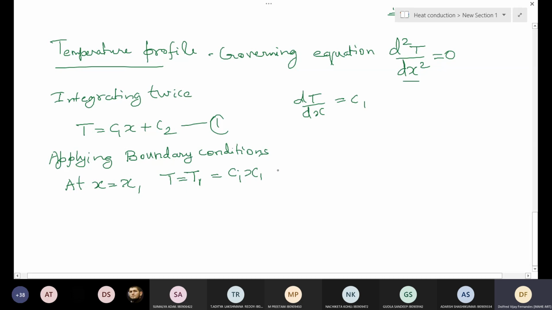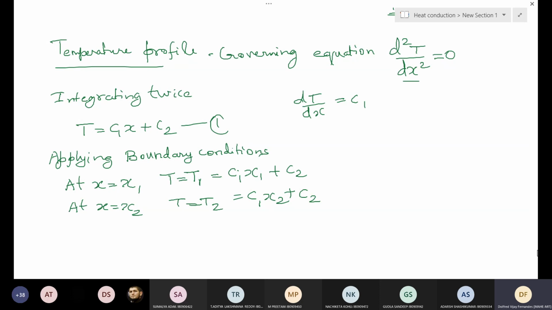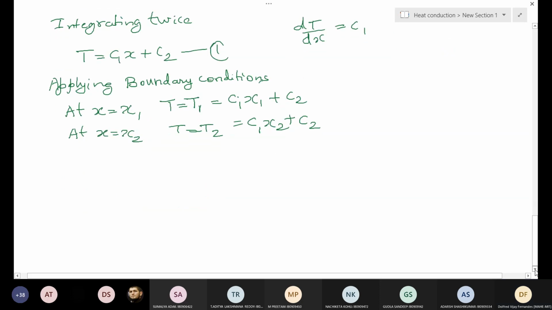T1 equals C1 x1 plus C2. Similarly, at x equal to x2, we have the temperature known, that is T2, so you can write this as C1 x2 plus C2. So we have two equations with the two unknowns C1 and C2. Solve for those and you can write the temperature profile.